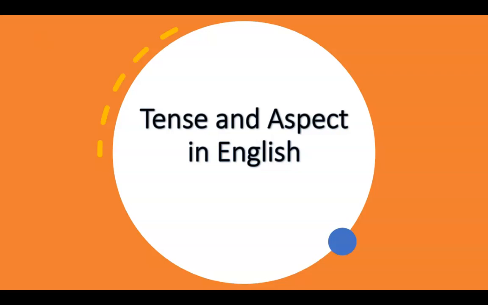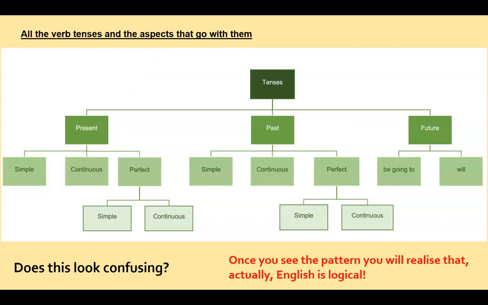The content that we're dealing with in this video is around verb tense and aspect in English. So here you see all the verb tenses in English. There are quite a few. I think there are even more than we see here. And the aspects that go with them. And you might be thinking, wow, this looks confusing.